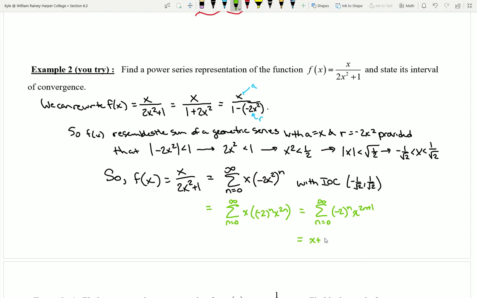When I plug in a 1, I'm going to get a negative 2 x to the third. And then I get a 4 and x to the power of 5. And then a negative 8 x to the power of 7, and so on. So this is a big, long polynomial, even though it is geometric, and has this kind of awkward new shape.